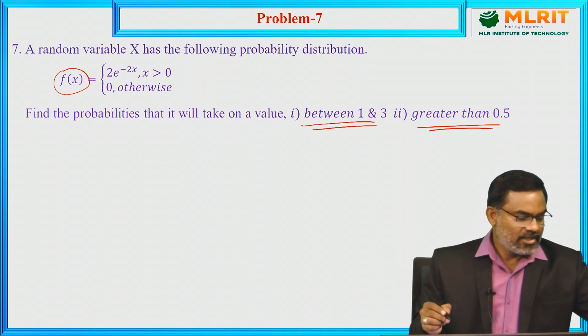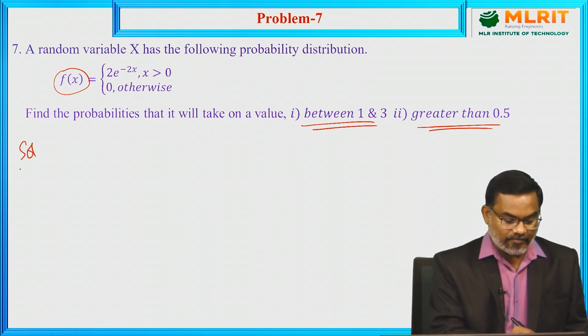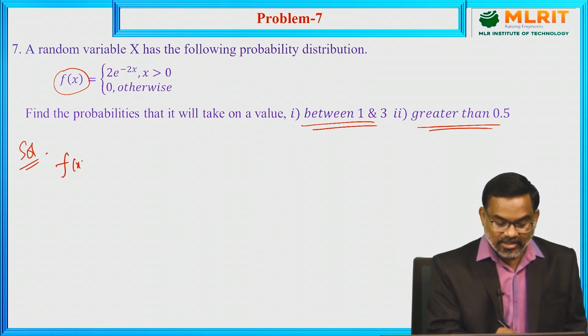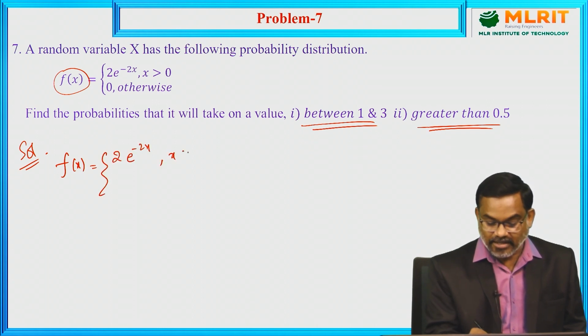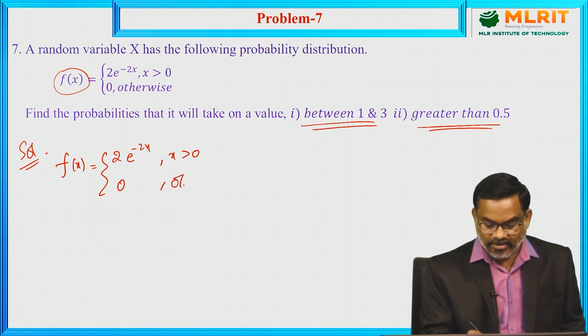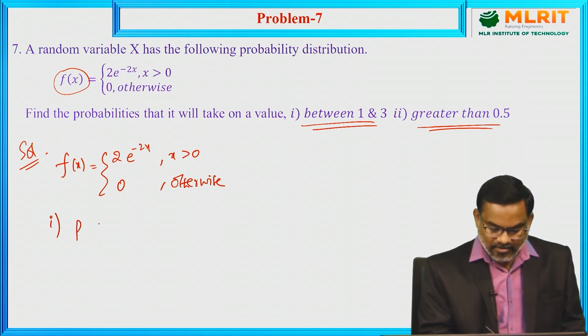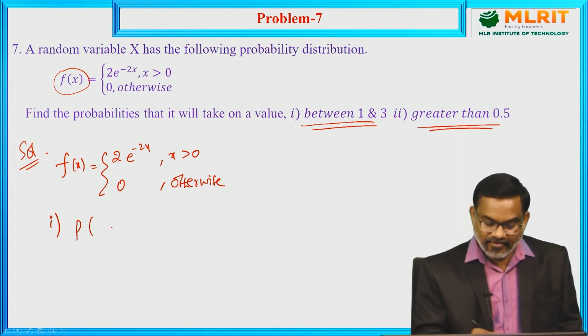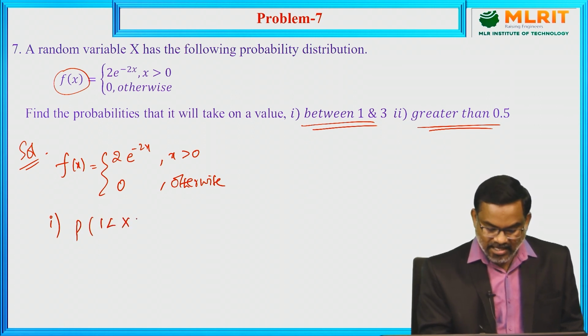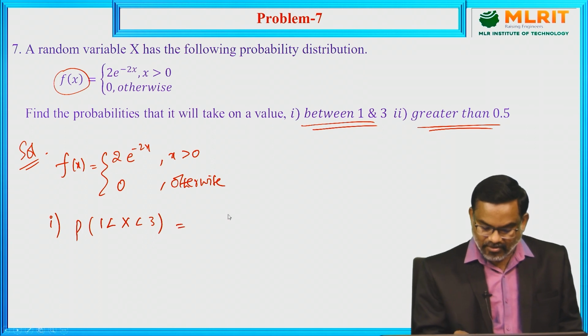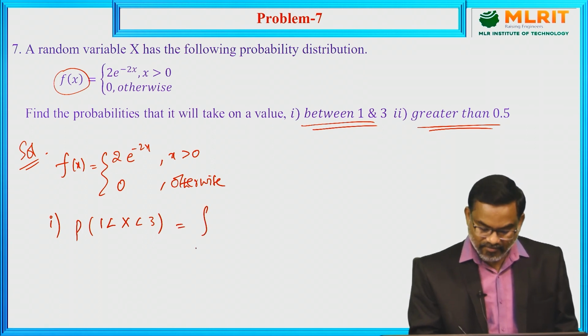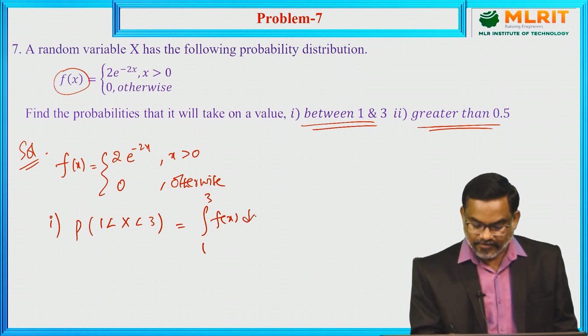Coming to the solution, first consider the given function, which is 2 into e power minus 2x when x greater than 0 and 0 otherwise. To find the probability that x lies between 1 and 3, that is 1 less than x less than 3, it is the integral from x equal to 1 to 3 of f of x dx.